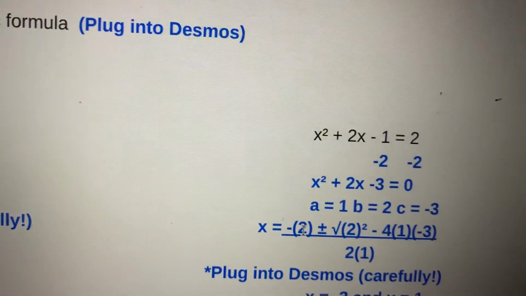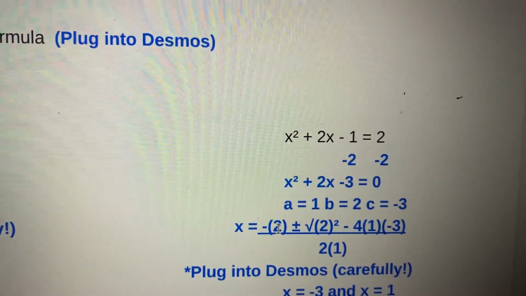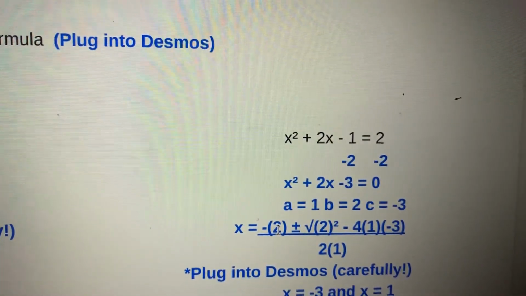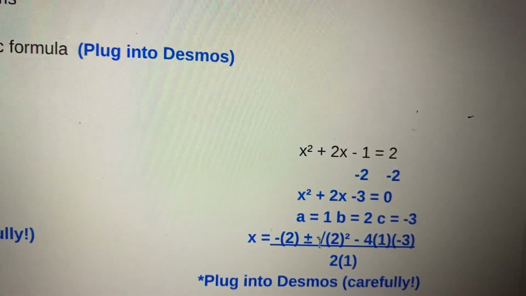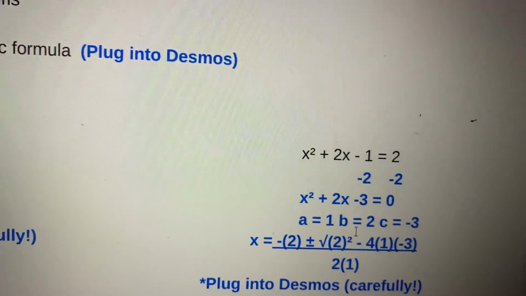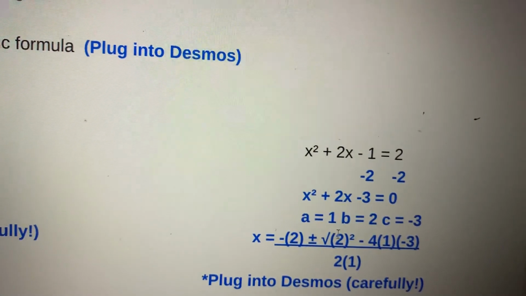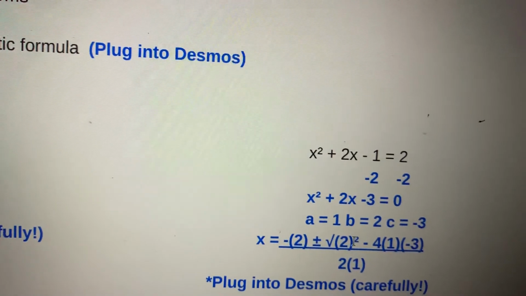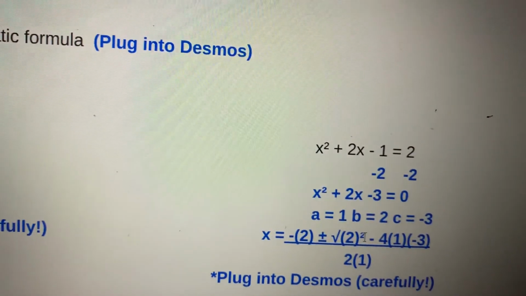Remember, parentheses are really important because whenever you replace a letter with a number, you have to use parentheses. Then we have plus or minus. Then we have the square root, so the check mark. b squared, so b is 2, so we're going to put 2 in parentheses, a little exponent of 2 here, minus 4ac. So we have minus 4.